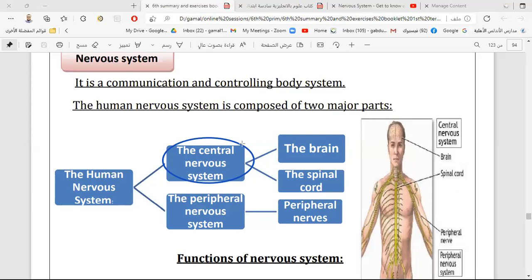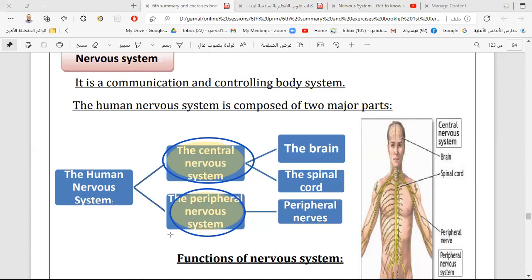Are you ready? We are going to study like a doctor, inshallah. The central nervous system and the peripheral nervous system.